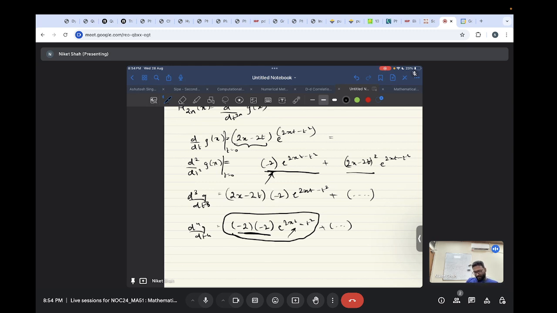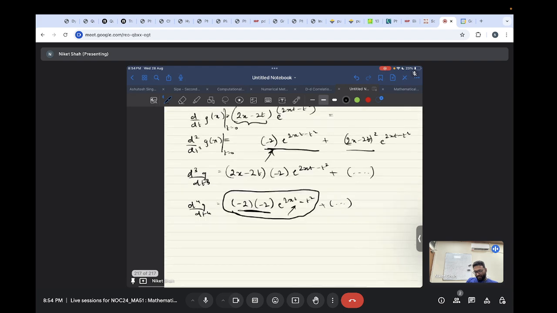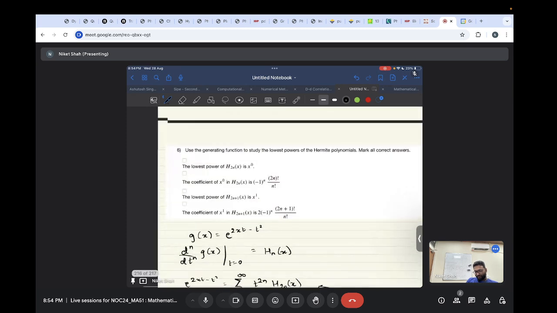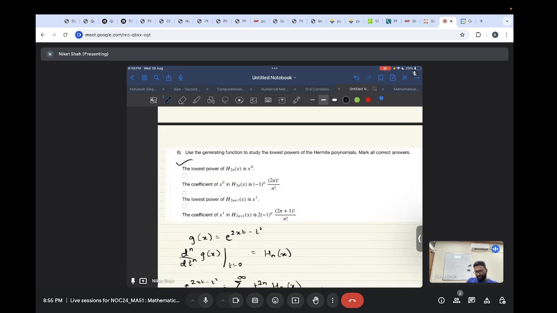There might be some other terms as well. So my point being that there is at least an x power 0 term which always exists. So the lowest power of H2n is x power 0.